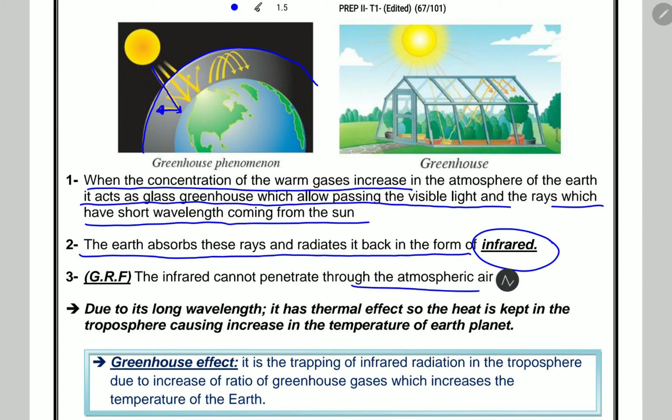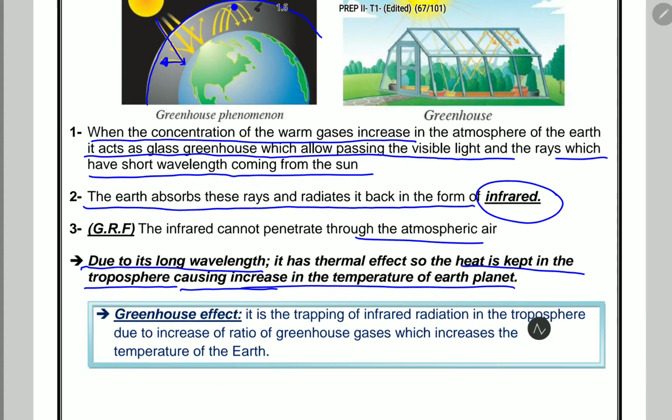They are blocked. Why? Because the infrared has a long wavelength, so they are trapped. So the heat is kept in the troposphere, causing an increase in the temperature of planet Earth.